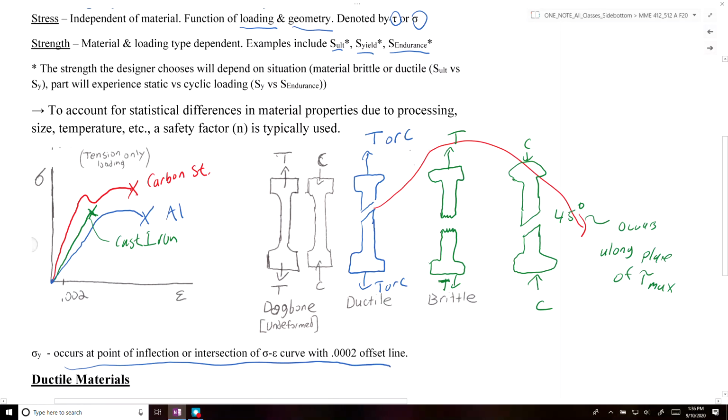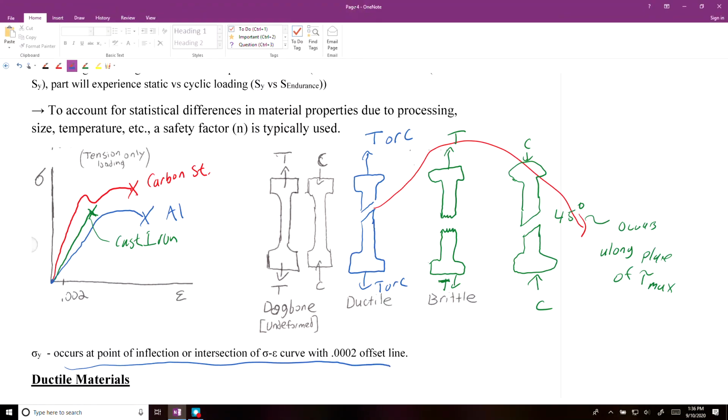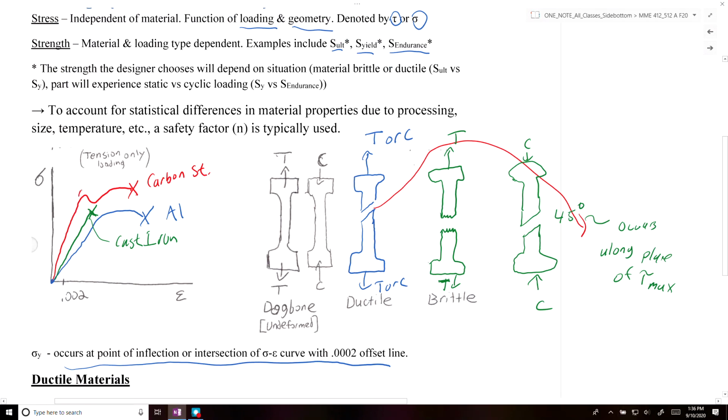For the case of the carbon steel, the point of inflection would be this point here. If you don't have a clear inflection point, typically the yield point will be considered at the intersection of the stress strain curve with an offset line of 0.002.